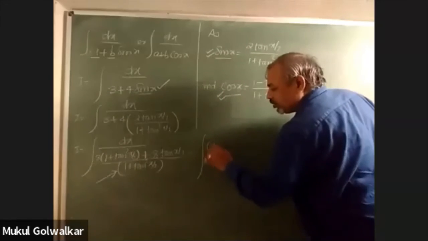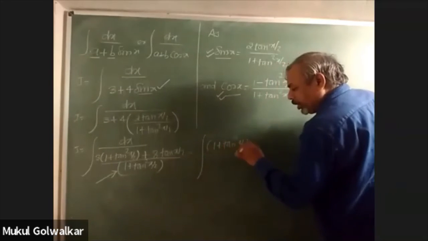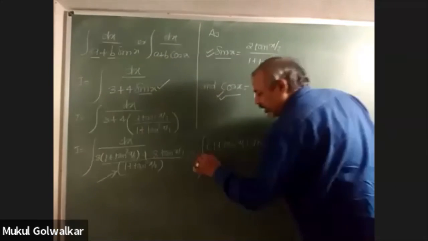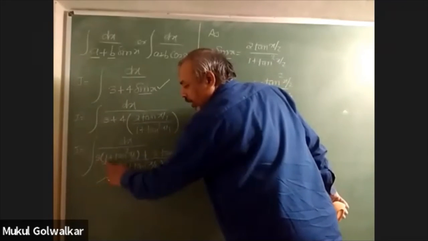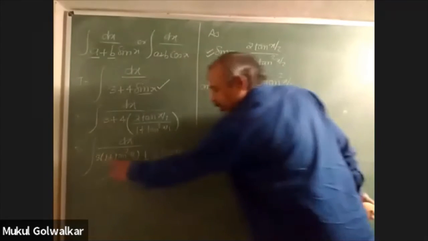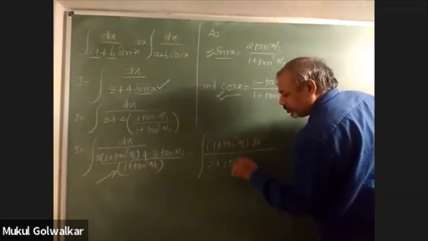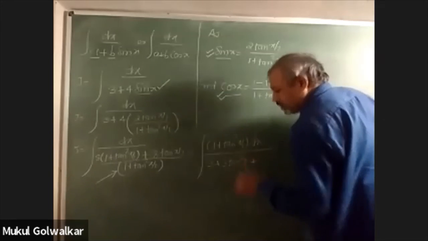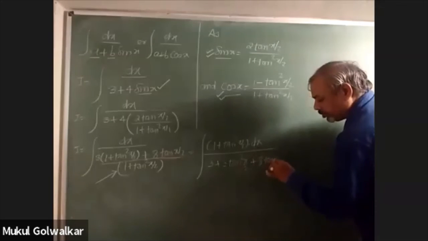So I am writing this in the form of 1 plus tan square x by 2 into dx divided by, we can open the bracket now, 3 into 1, that gives you 3, plus 3 into tan square x by 2, that gives you 3 tan square x by 2, plus 8 tan x by 2. So this is 8 into tan x by 2.